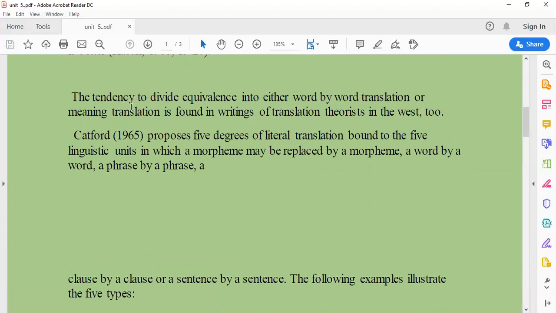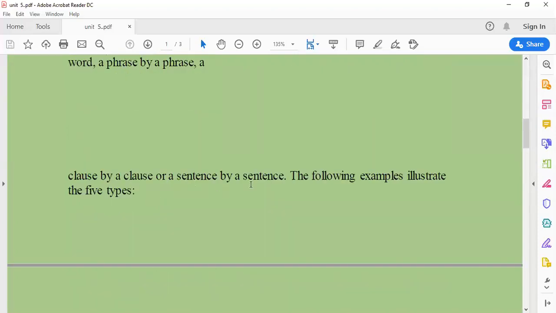Catford, who published in 1965, proposed 5 degrees of literal translation bound to 5 linguistic units, in which a morpheme, the smallest unit of the word, may be replaced by a morpheme, a word by a word, a phrase by a phrase, a clause by a clause, or a sentence by a sentence.